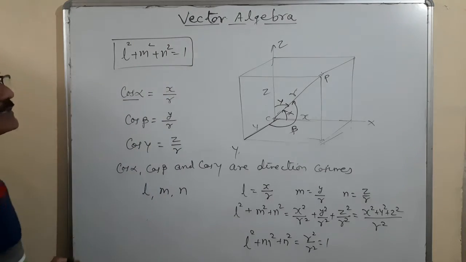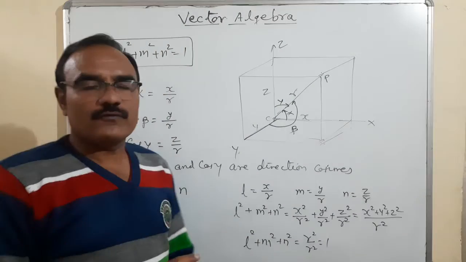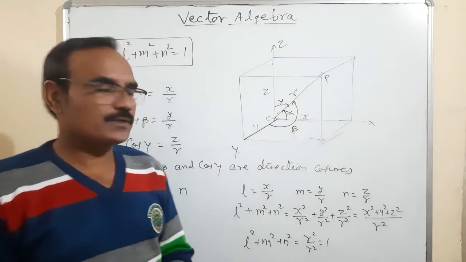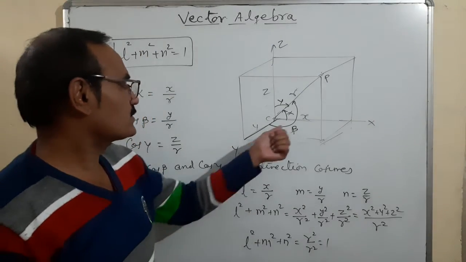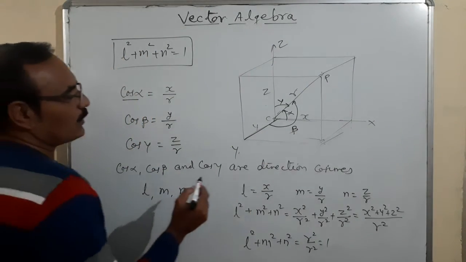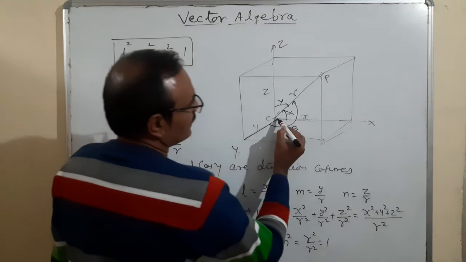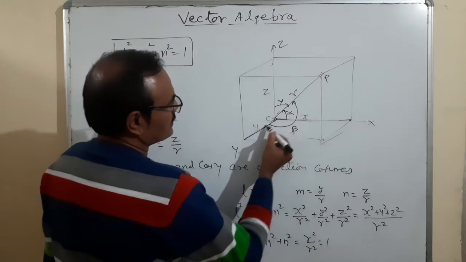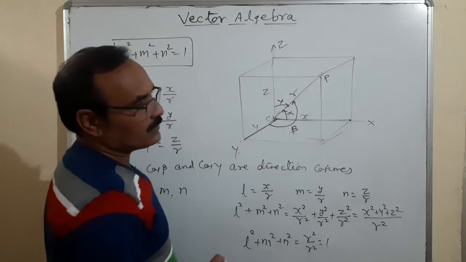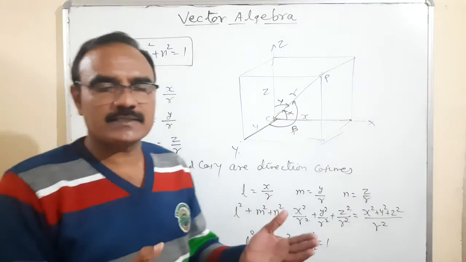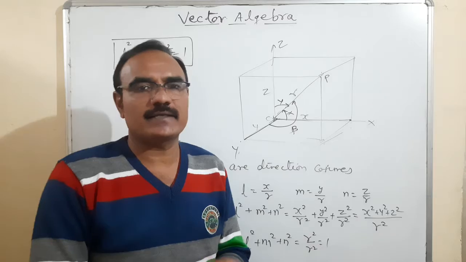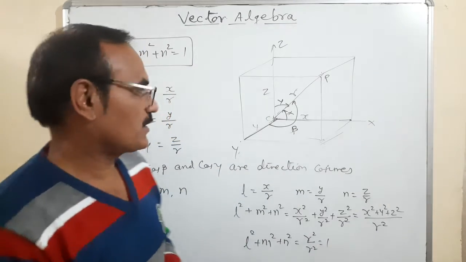These are called direction cosines. When we are talking about the direction ratios, only r is not required. Suppose this distance is a, this distance is b, and that is c. So a, b, c, that means intercept on x-axis, intercept on y-axis, intercept on z-axis are called direction ratios of it.